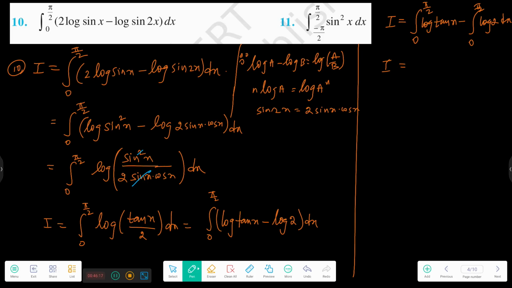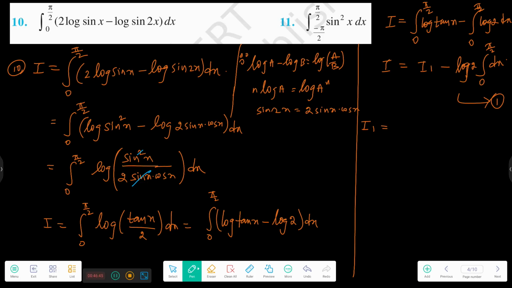So this one I write as I1 minus log 2, and if you take log 2 outside, I am getting the integral from 0 to pi by 2 of dx. Okay, this is answer number 1 I am taking.